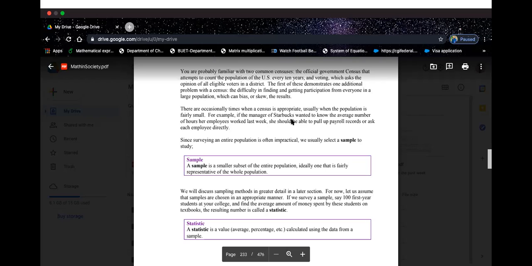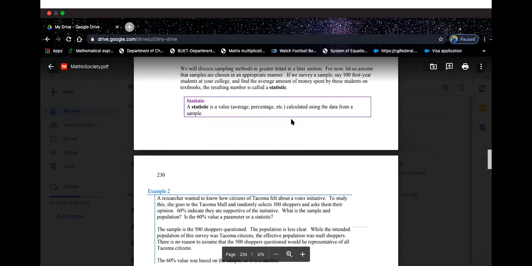So whenever you have a group, if you define it as your population, and from that, you just pick a couple of them, not all of them, just a couple from the entire group, that smaller set is said to be the sample. Again, let's go back to the problem.